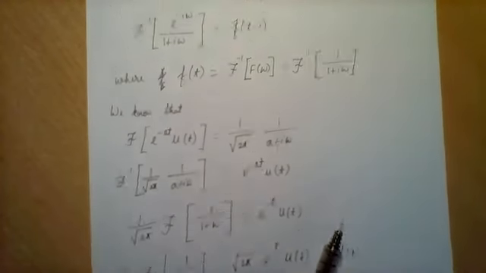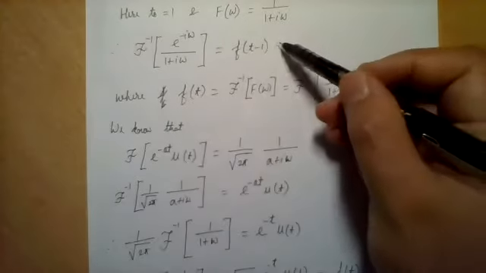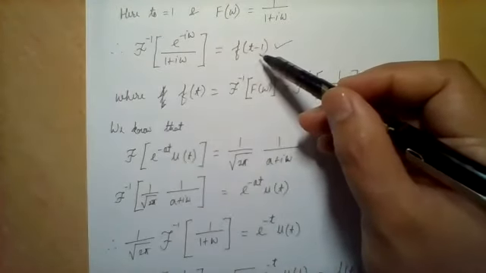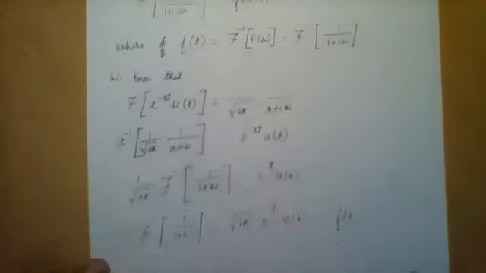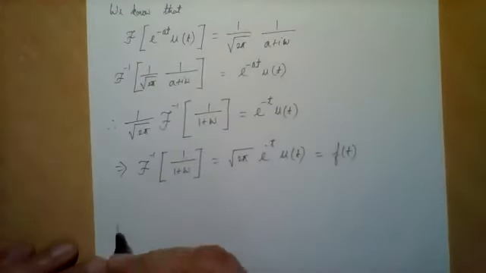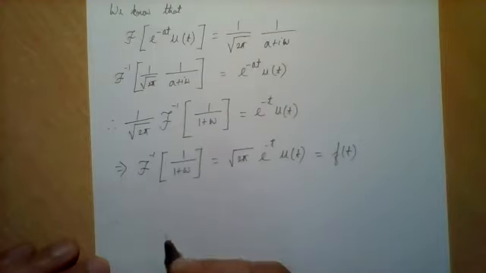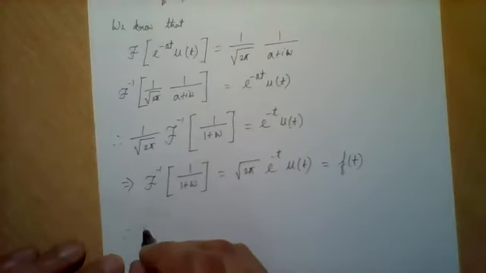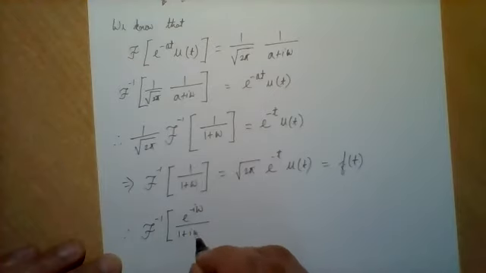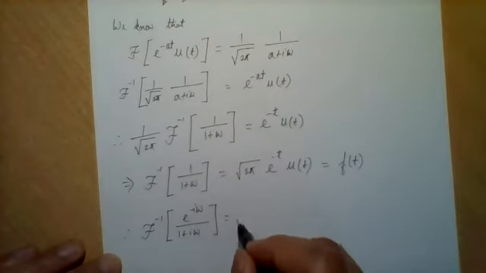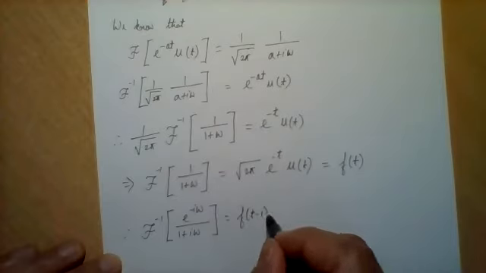Therefore, what remains is only to shift the value of t from t to t minus 1 because of the presence of the numerator term. So we finally get the inverse Fourier transform of e to the power minus I omega over 1 plus I omega equal to f of t minus 1.